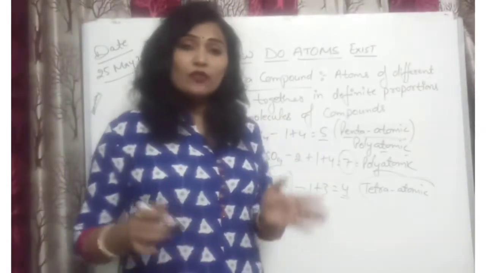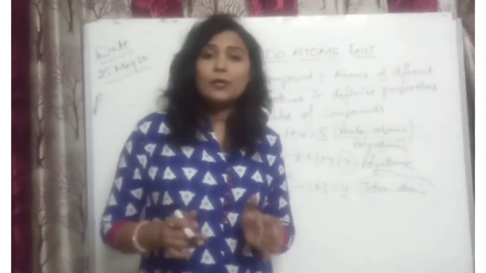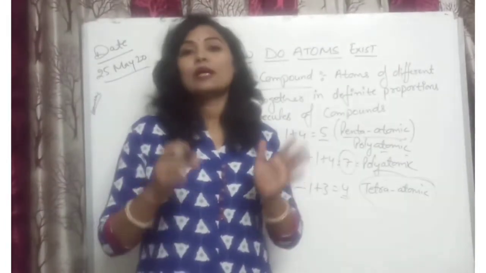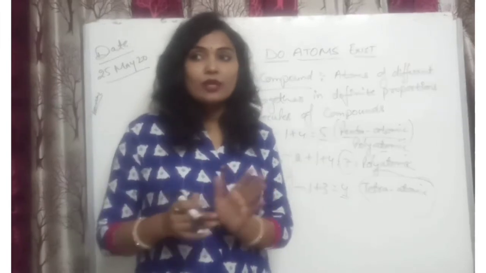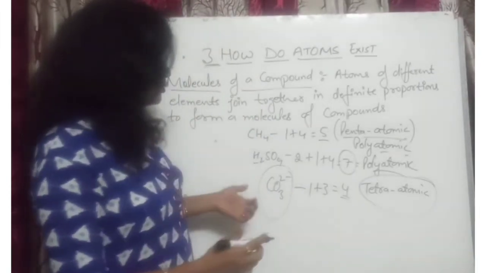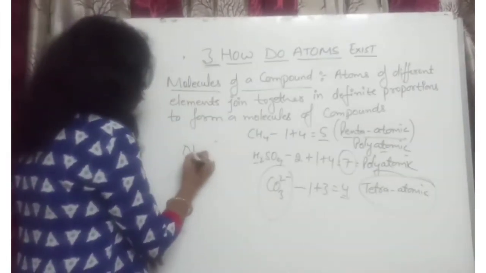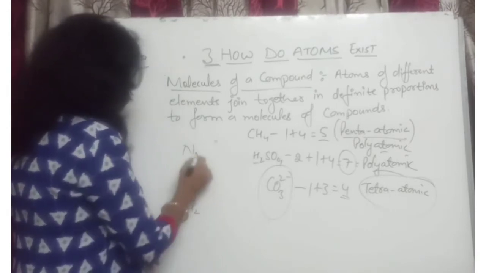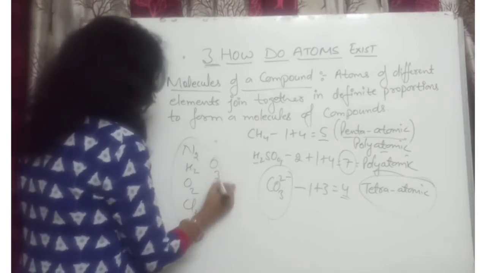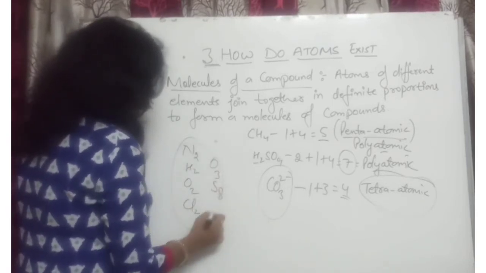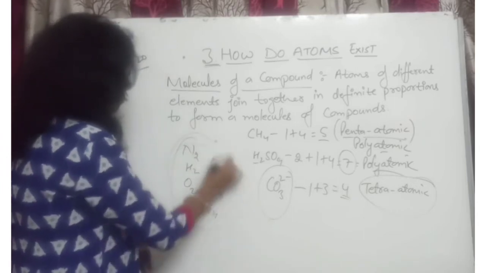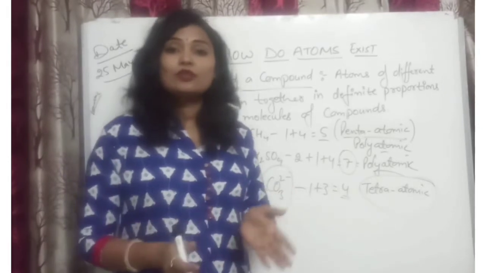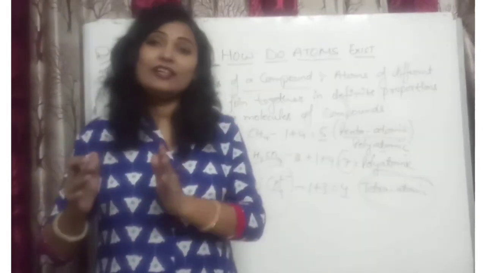Please note one thing: if we take the example of elements, that means molecules of an element, like N2, H2, O2, Cl2, O3, S8, P4, you can see the atoms of the element are the same. So these are homoatomic in nature.